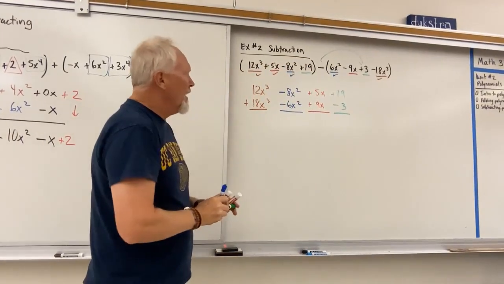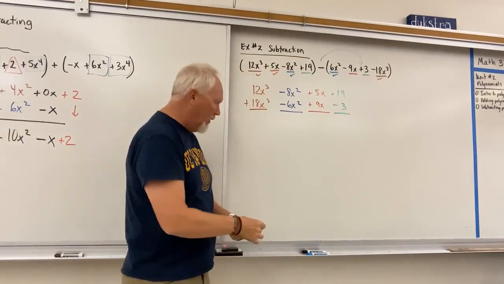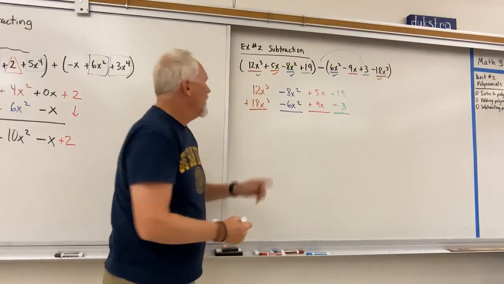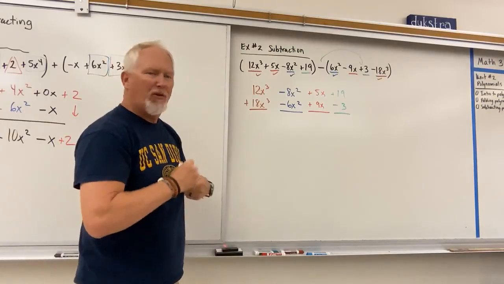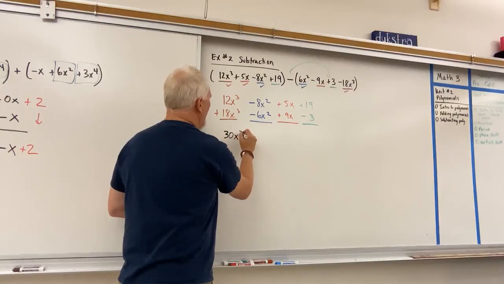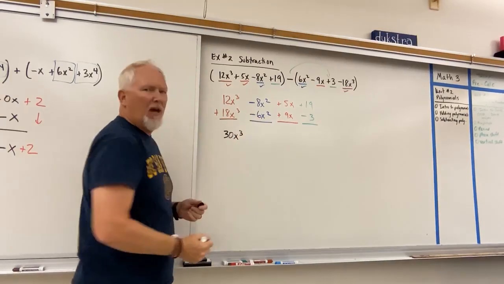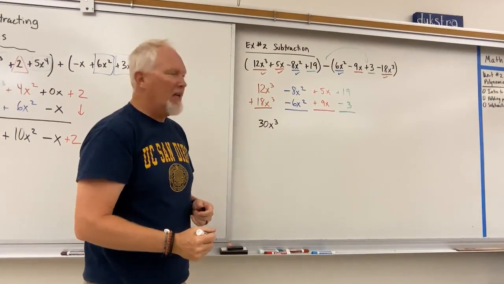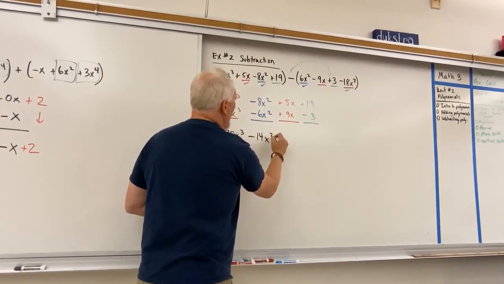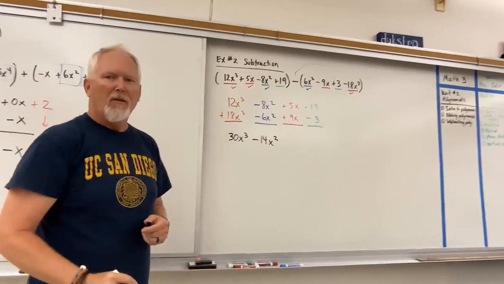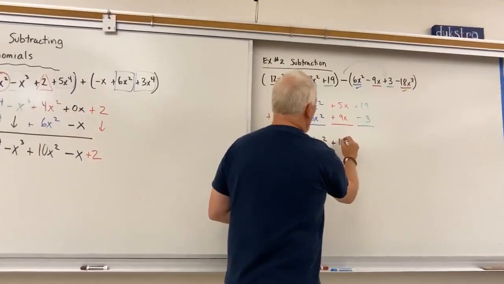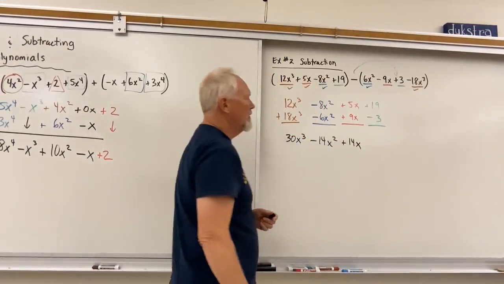Okay. And now that we've got them stacked in an order, we simply add them up. So 12 and 18 is 30x cubed. A negative 8 and a negative 6 is a negative 14x squared. 5 and 9 is plus 14x.